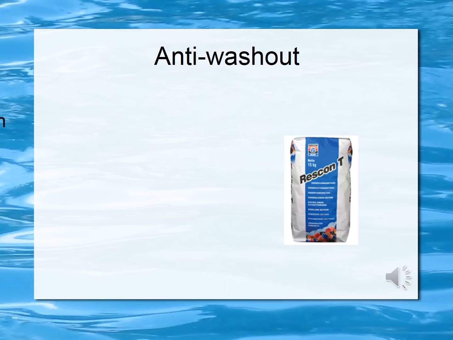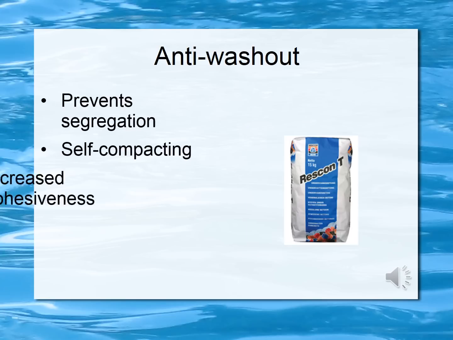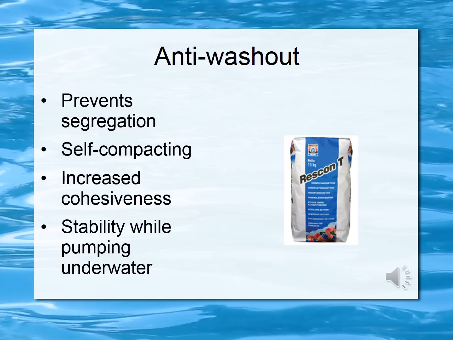The last admixture we're going to talk about today is anti-washout admixtures. Anti-washout admixtures are commonly used in underwater concreting and are made by various different companies. Although you can use water reducers, fly ash, silica fume, and anti-washout in different combinations in your mix, we feel anti-washout admixtures are the most essential for underwater concreting.